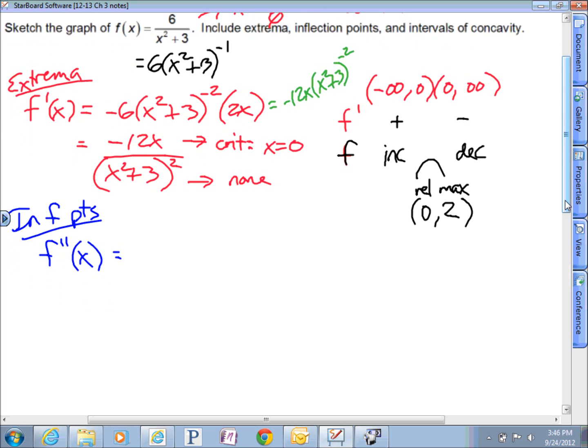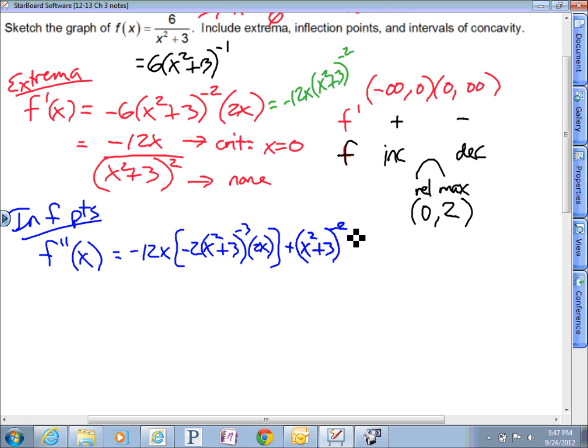So negative 12x being multiplied by negative 2 times (x squared plus 3) to the negative third times 2x. So there's the first times the derivative of the second, plus (x squared plus 3) to the negative second multiplied by the derivative of negative 12x, which would be negative 12. All right, nasty derivative. I know it's not so nice.